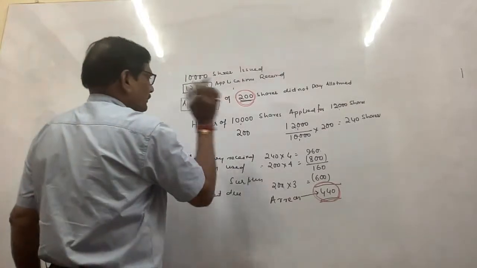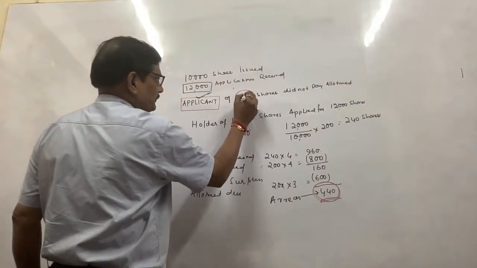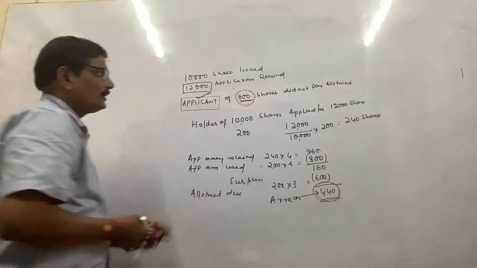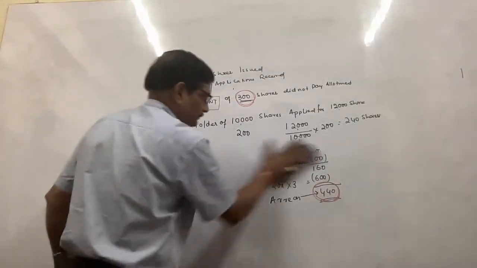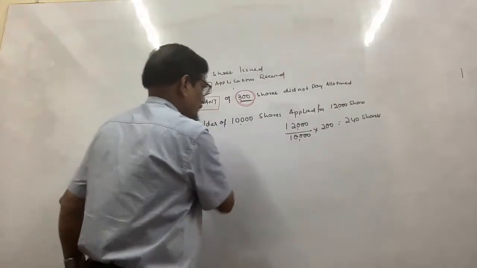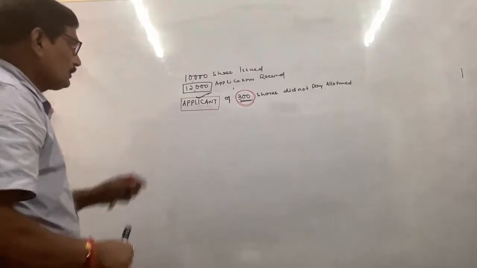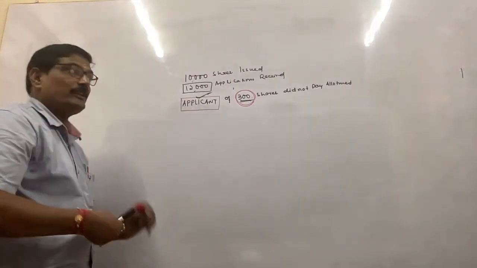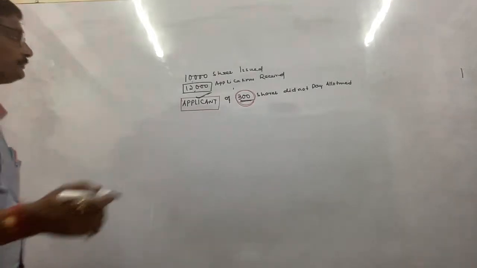Suppose it is given applicant of 300 shares did not pay allotment. Now I will do it.